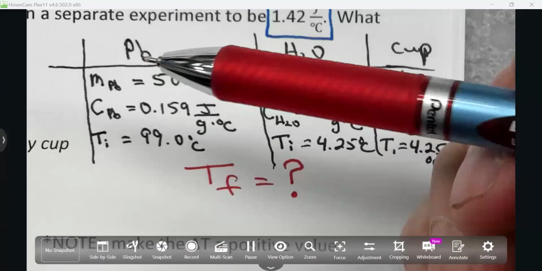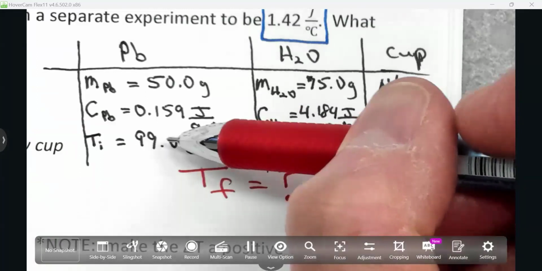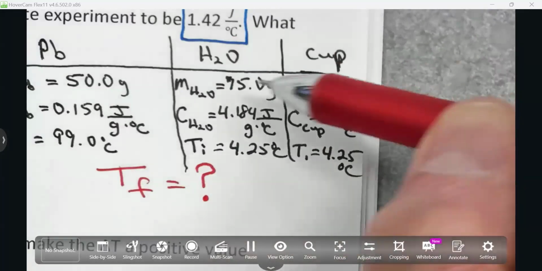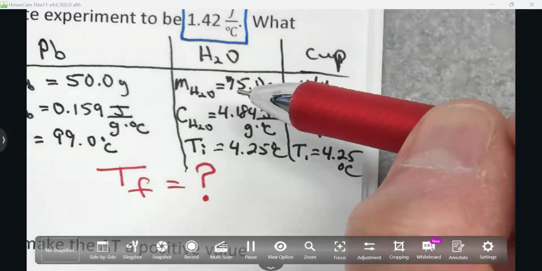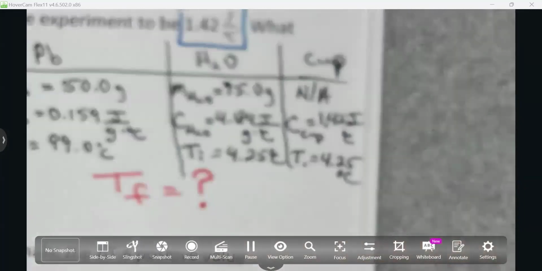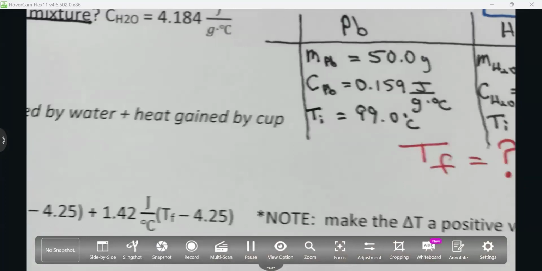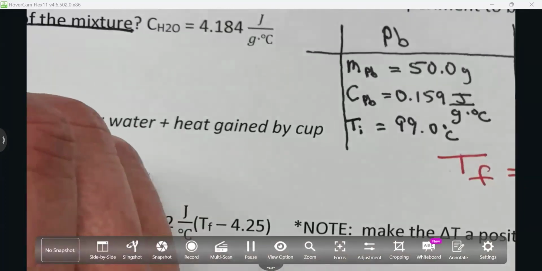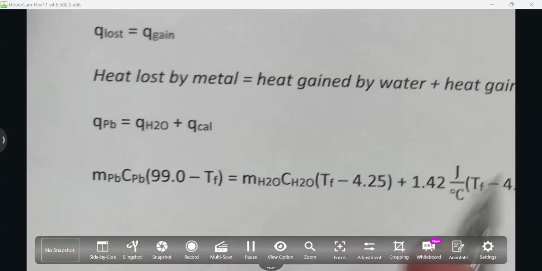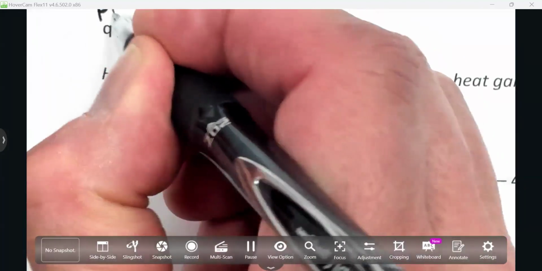So what's going to lose heat? My lead's going to lose heat. It's at 99, correct? Both of these are going to gain heat, my water and my cup, both. But at the end, all three are going to be at the same temperature, correct? All three are going to be at the same temperature. So Q lost by my lead here, correct?